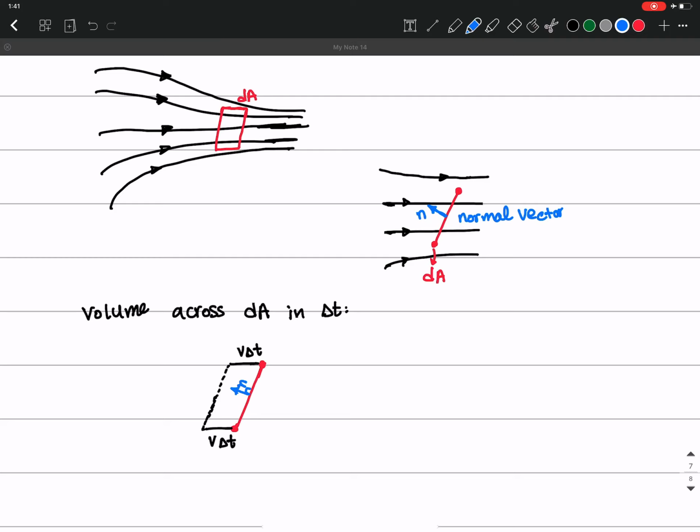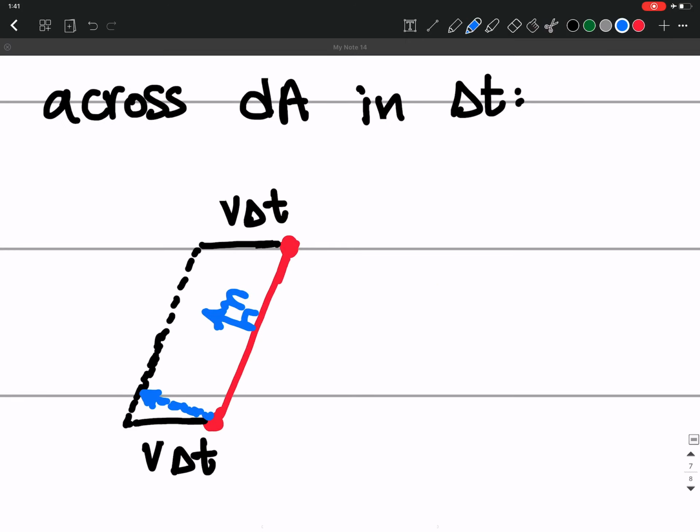And here, what is this gonna be? So let me just plot it here, this vector. We can zoom here to better see that.